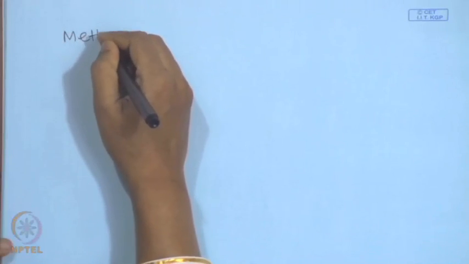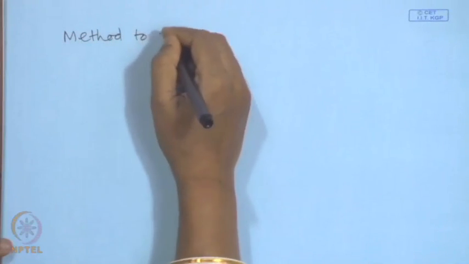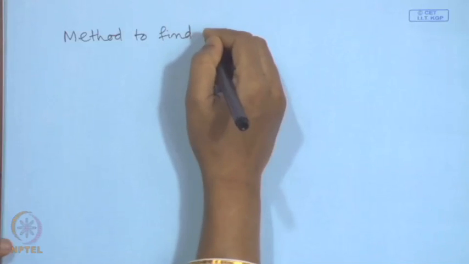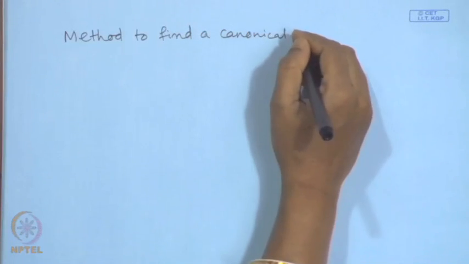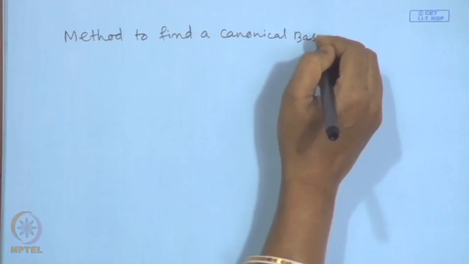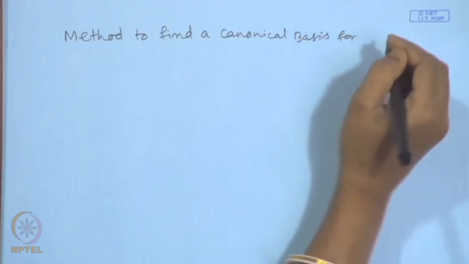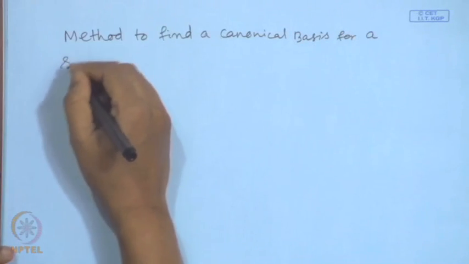Next let us see how to find a canonical basis for a square matrix, and this is an important method.